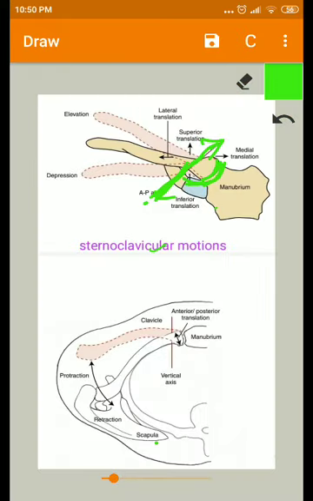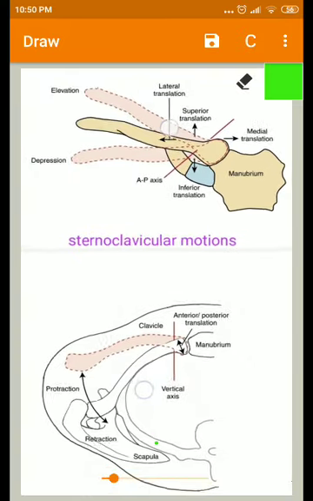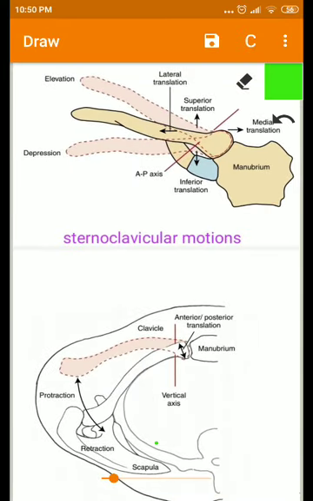This AP axis helps in elevation and depression.